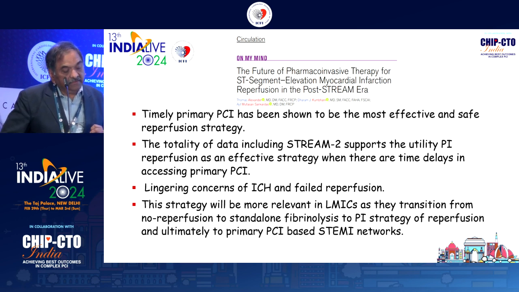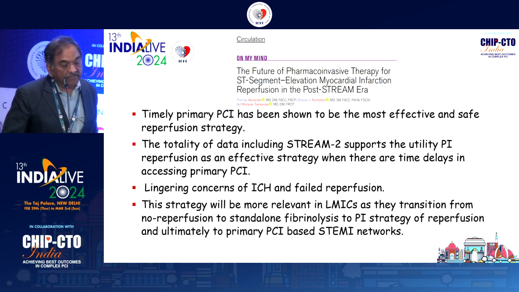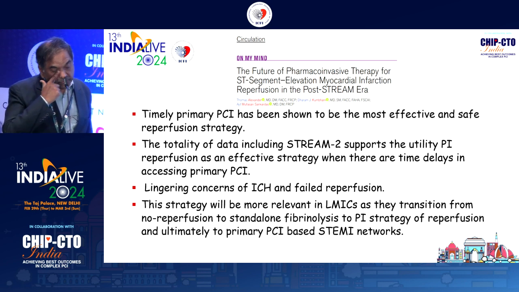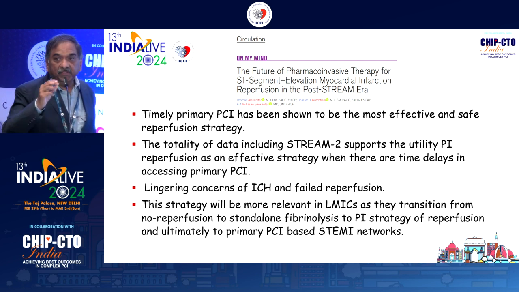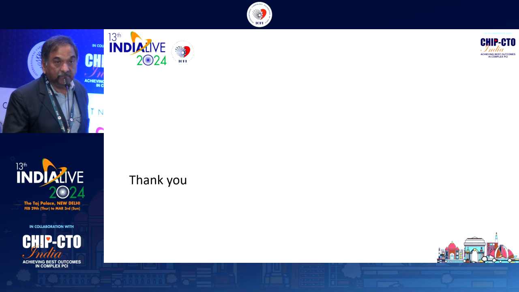There are lingering concerns about ICH and failed reperfusion, but in LMICs where we practice, I think this is the best strategy as we transition from no reperfusion to standalone fibrinolysis to a pharmacoinvasive strategy, and ultimately, as our cath labs increase, as we are able to move our patients to primary PCI in our STEMI networks. Thank you.